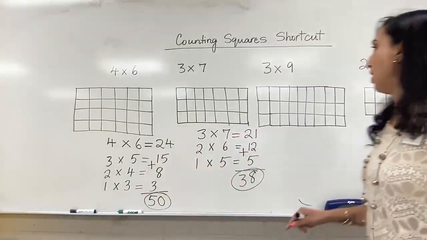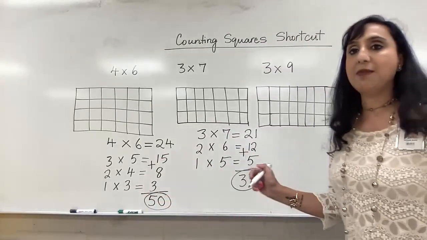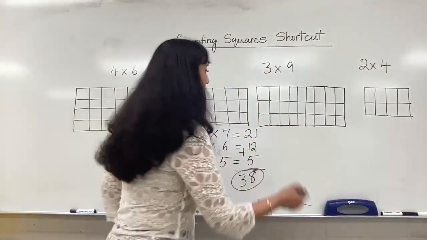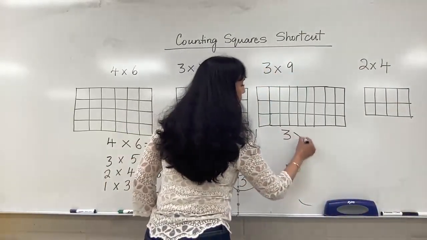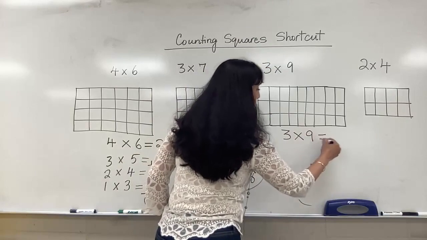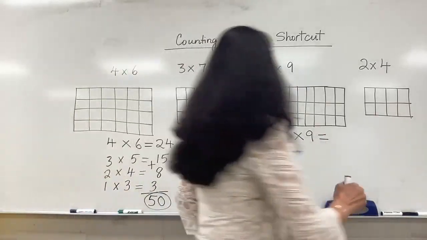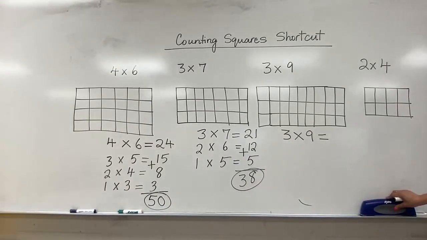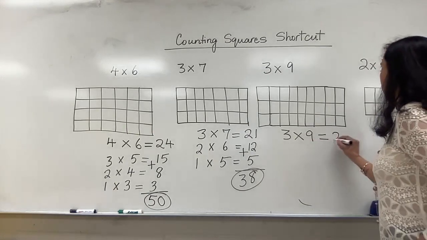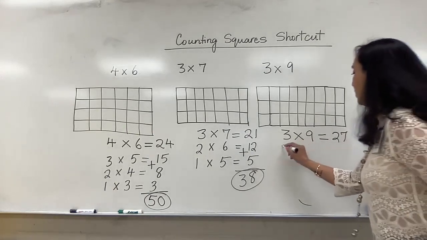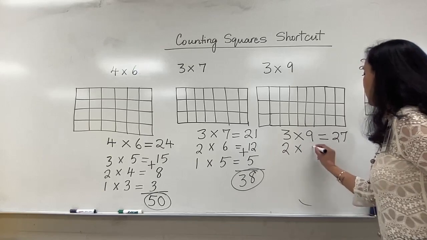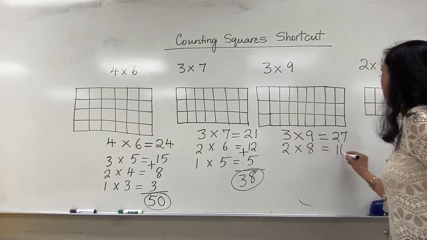All right. So the next one, 3 times 9. Again, the same thing. Start with the 3 times 9. And we are going to again keep decreasing the amount on each side. So this is 27. This is going to be 2 times 8, which is 16.